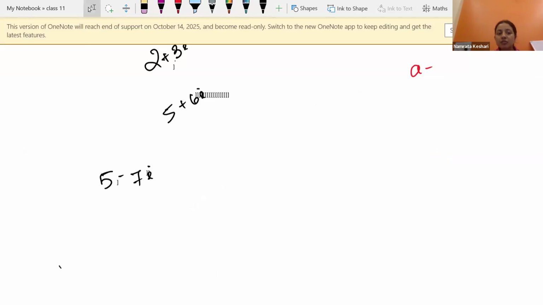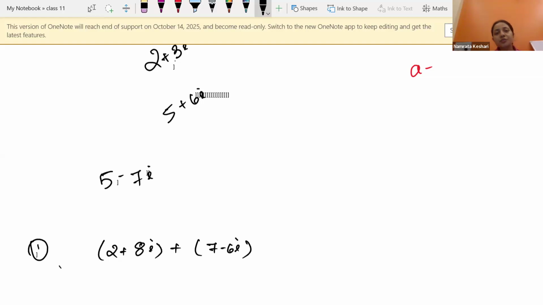Suppose I am taking a question, that is 2 plus 8i plus 7 minus 6i. An expression something like that is given, and you have to write it in the standard form of the complex number. So you will just open both brackets and add.